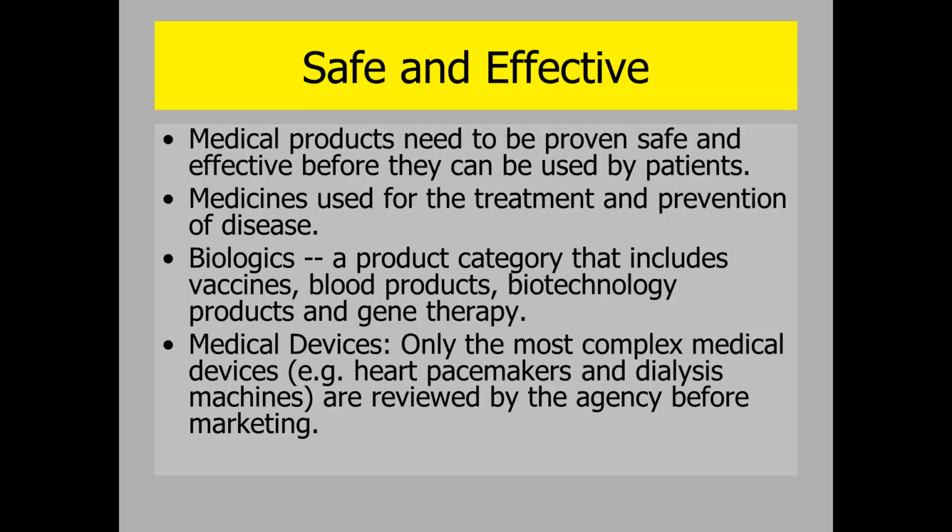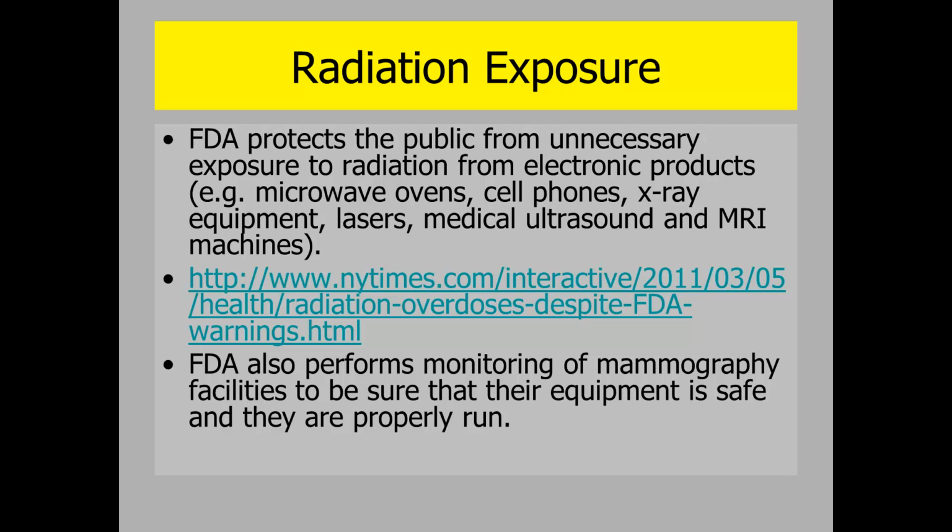But something that's going to be implanted into you, like a heart pacemaker or a dialysis machine that's going to be hooked up and dialyze the toxins from your blood, those are going to be reviewed more carefully by the agency. If what they're issuing is a bedpan, even though that's a medical device, it's not going to need that much review.